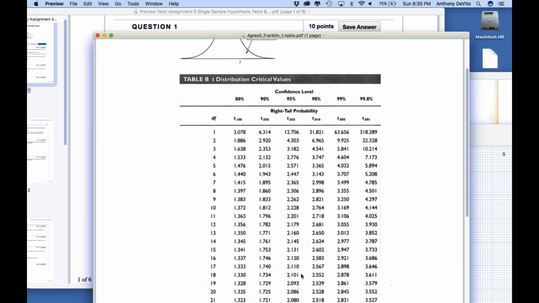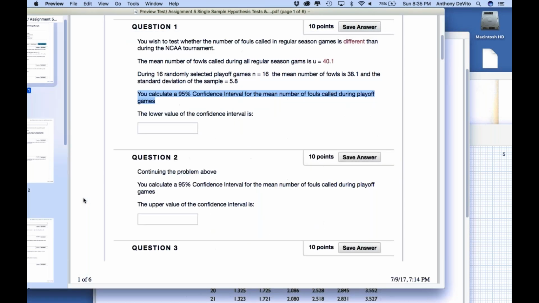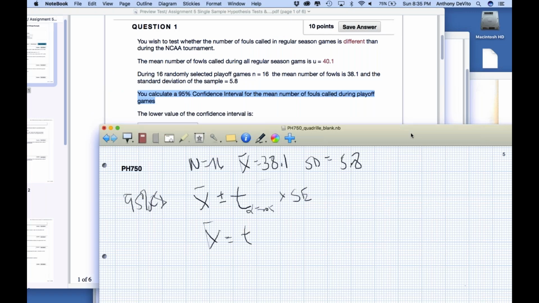So 2.131 is our critical value of t for that sample size, times my standard error.